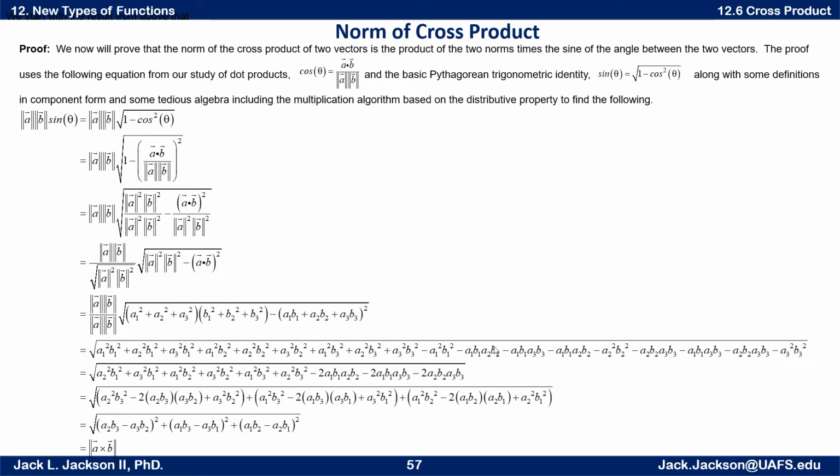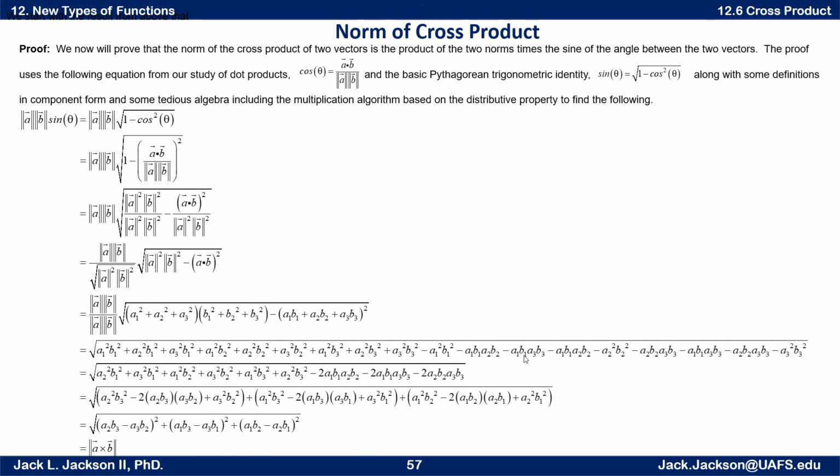Now, the ones that are left over here actually collect up in pairs. You may have to reorder some of the things, but for example, this one has an A1B1 and an A2B2. There it is. There's a matching one right there. See those two? They're the same, so you get minus 2 of those. The same thing happens for the others.